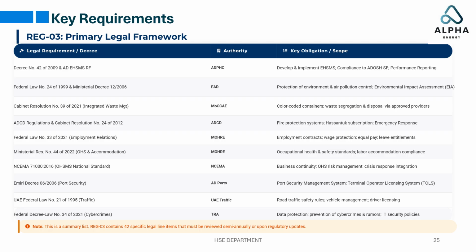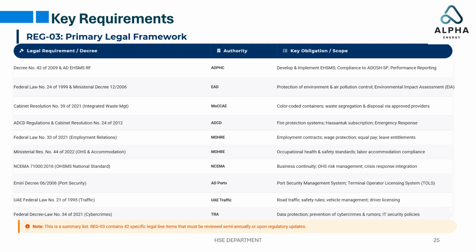The Reg 03 primary legal framework outlines key UAE federal and Abu Dhabi regulatory requirements that Al Masood Energy must comply with as part of its HSE and operational obligations. These include Decree No. 42 of 2009 and Abu Dhabi EHSMS regulatory framework, overseen by ADPHC, which requires organizations to develop and implement an environmental, health and safety management system and comply with the DASH-SF reporting requirements.